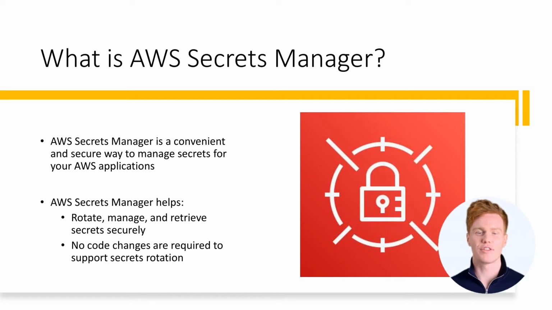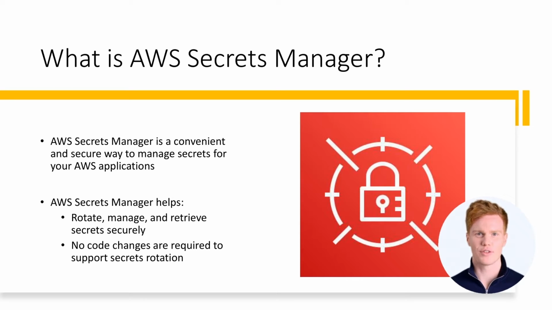AWS Secrets Manager is a secrets management service that helps you protect sensitive data like API keys, passwords, and database connection strings. Secrets Manager enables you to rotate, manage, and retrieve secrets securely. With Secrets Manager, you can easily rotate secrets without updating your code or applications.